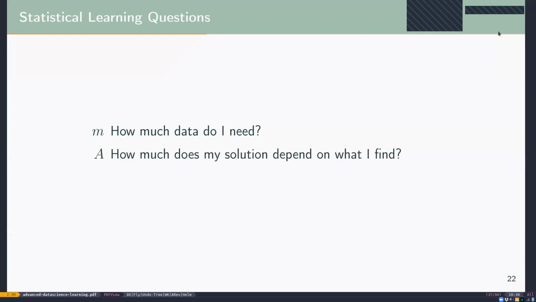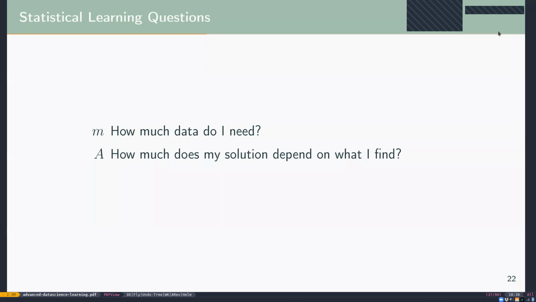How much does my solution depend on what I can find? When I apply a search algorithm, how much can I say, well, this search algorithm will always find the optimal, so I don't have to take it into account, right? Just a test. If you've ever run gradient descent in SciPy or something, you have a choice of about 12 algorithms that you can choose.